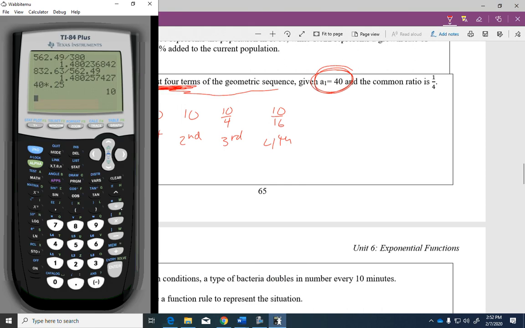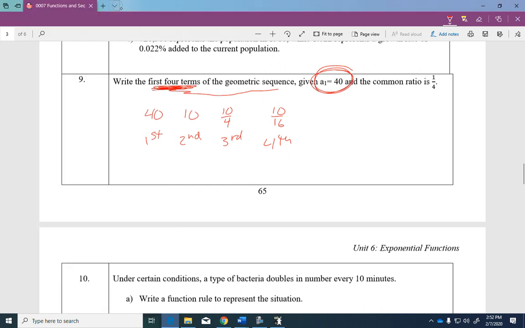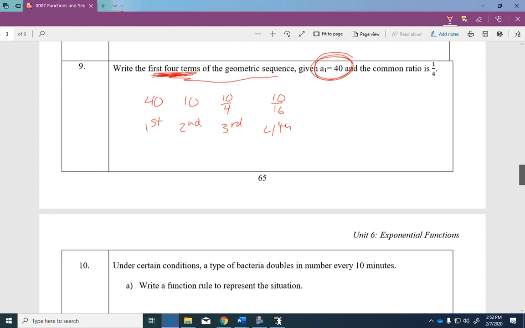Again, if you wanted to use your calculator right here, we do times 1/4, which is really like divide by 4, and I get 2.5. And then again, times 1/4, I get 0.625, and that's what my fractions are equivalent to. So decimal form is okay, fraction form is fine.